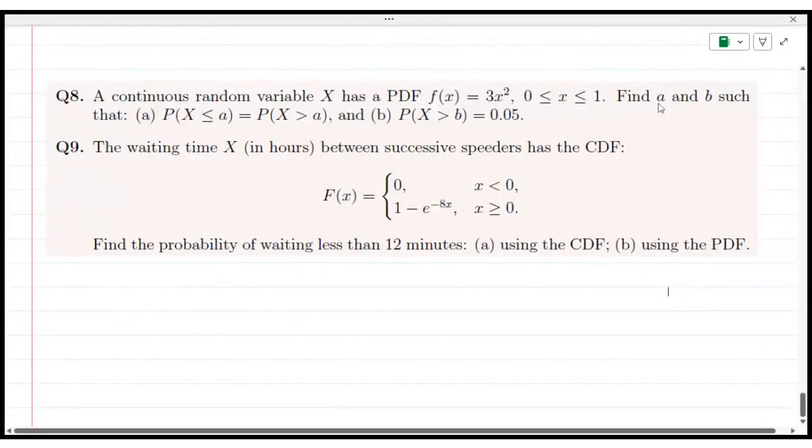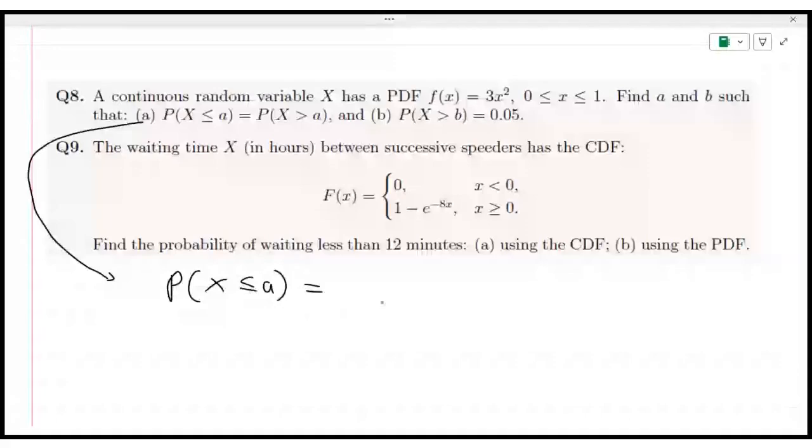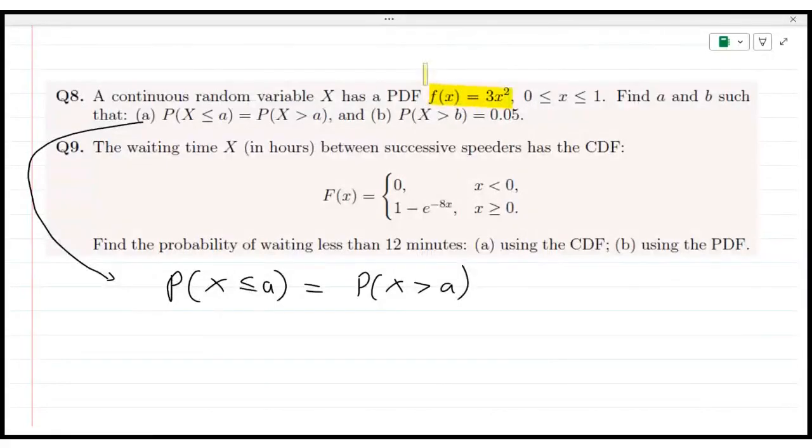Find the value of a and b such that the probability that x is less than or equal to a is the same as the probability of x greater than a.